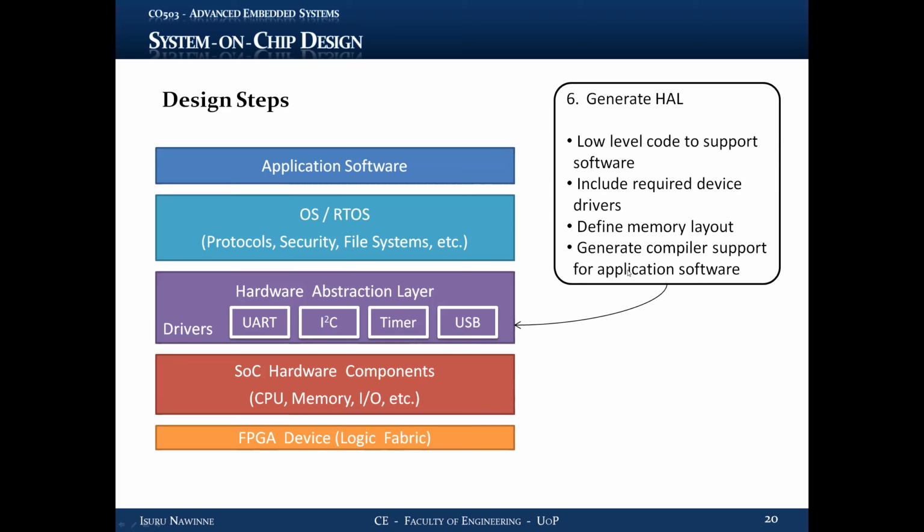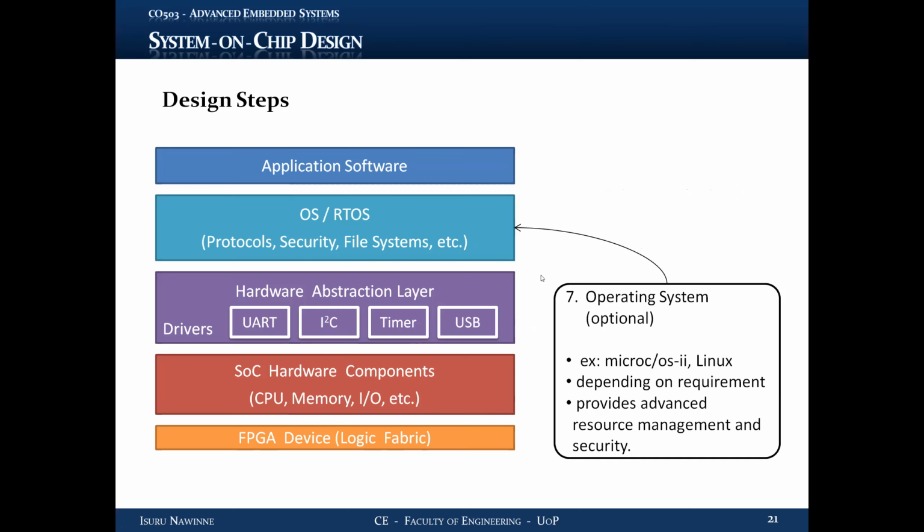Then you generate compile support for application software. You generated the assembler earlier, and at this hardware abstraction layer level, you generate the compile support for application software.